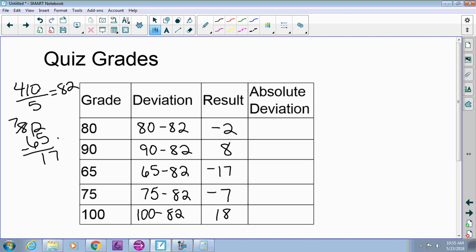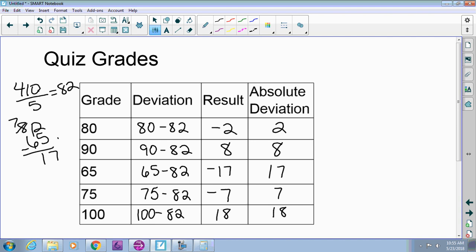Your next step is to not worry about whether it was above or below the mean. So if you have a negative 2, you're just going to change it to positive. You're going to keep your positives positive, because when we're dealing with absolute values, we're just looking at the amount and not how it compares as far as being above or below.